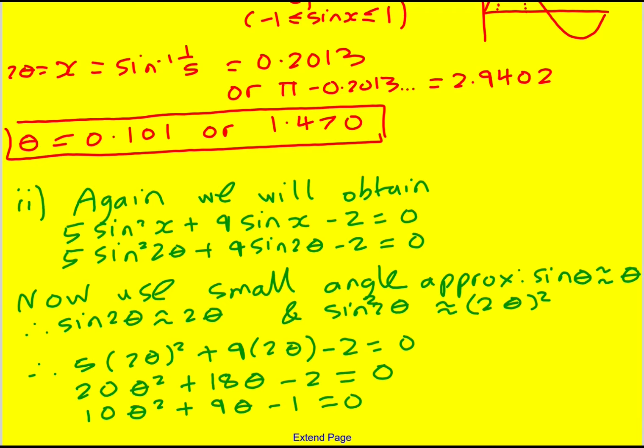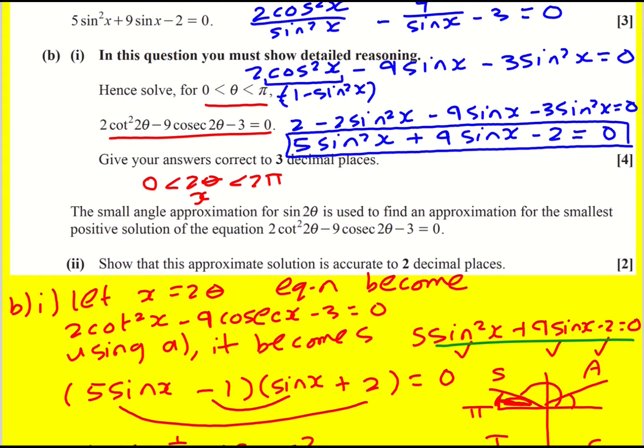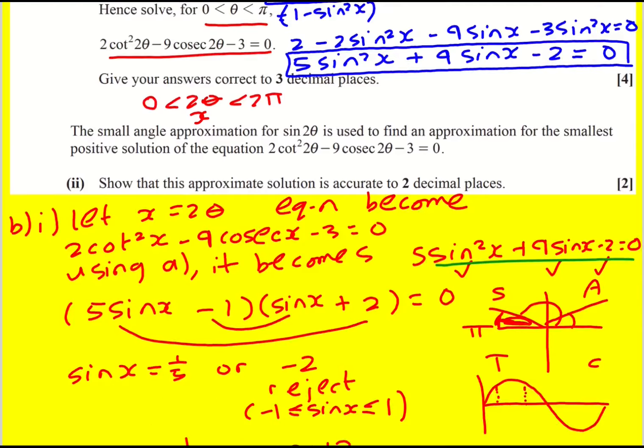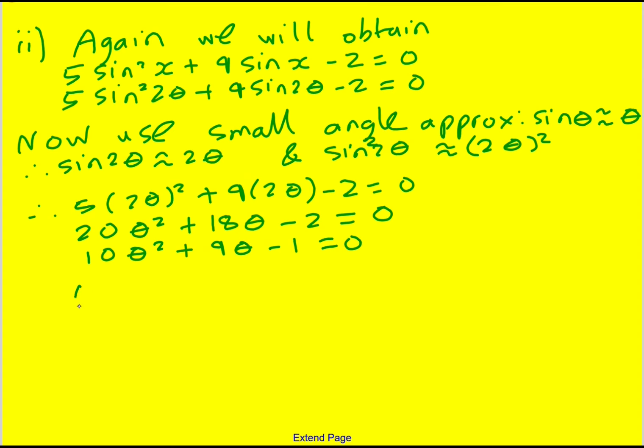Part of me wants to put this in my calculator, but we're still being asked. Okay, actually, it's only in part 1 by the looks of it we have to show detailed reasoning. Let's see if it does factorize. I'm going to go with 10 because I've got a 9 here, so it feels like it's going to have to be quite big. So if I go with plus 1 and minus 1, it works out again.